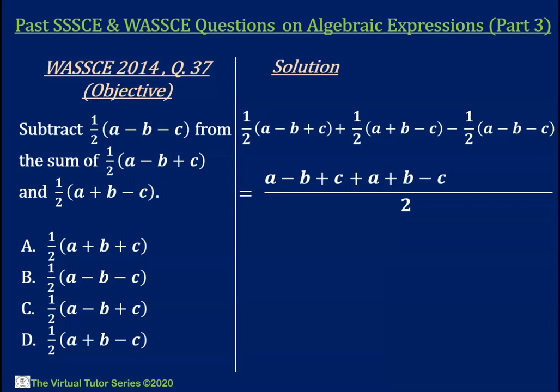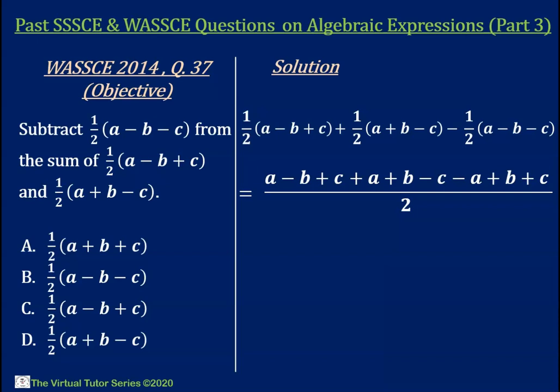And for the last part, we have -1 times a, -1 times -b, and -1 times -c, giving us minus a plus b plus c. Don't forget that negative times positive is negative, and negative times negative is positive. Now, let's add or subtract like terms.